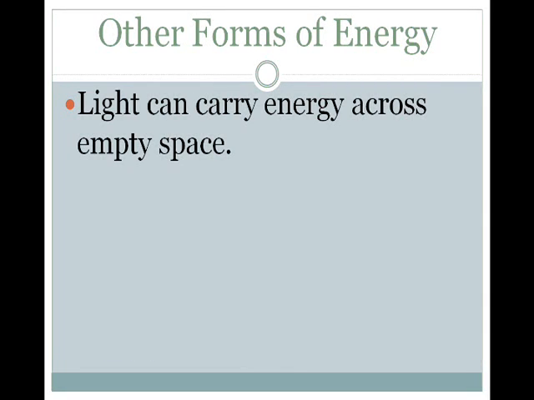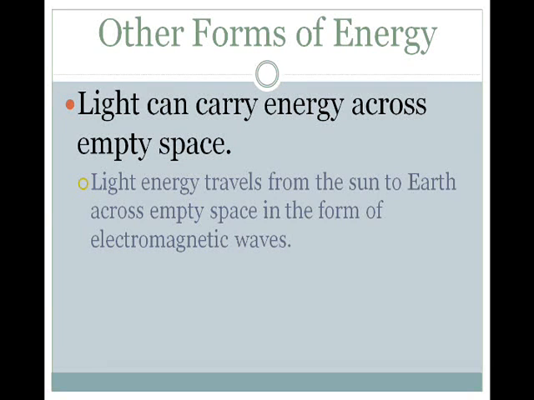Now, light is also energy, and light can carry energy across empty space because light is photons, which is energy. Light energy travels from the sun to the earth across empty space in the form of electromagnetic waves. Electromagnetic waves, in a couple of units, we're going to actually learn a lot more about.